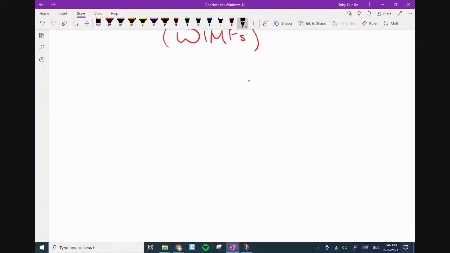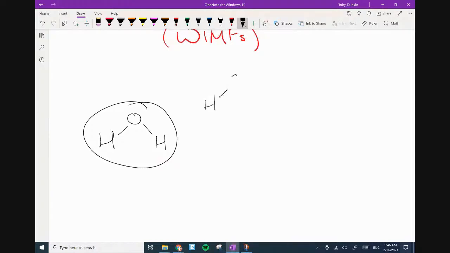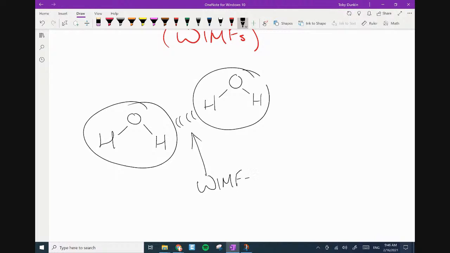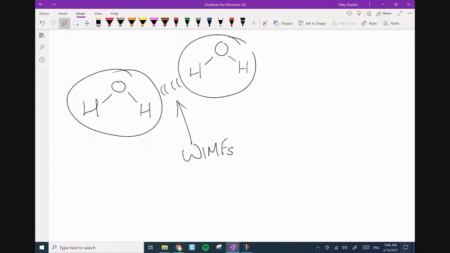So we now have water with covalent bonds within it, but between the molecules, I have now got WIMFs, and that is a weak intermolecular force. And these are what we break.